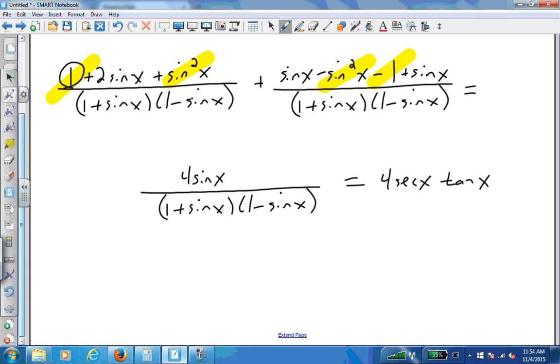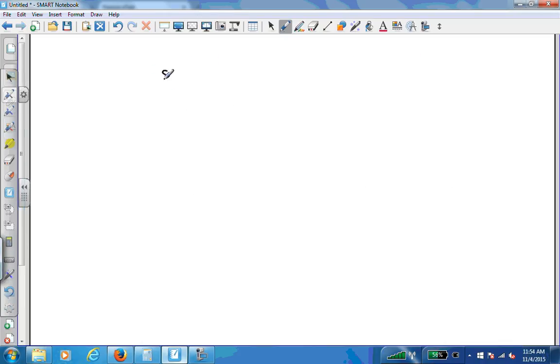Let's multiply that denominator out for kicks. If we multiply that out, we get 1 minus sine x plus sine x, so the sine x's cancel. Sine times sine, so minus sine squared. What did I say earlier? If we have sine squareds and 1s or cosine squareds and 1s, we need to think of Pythagorean identities.